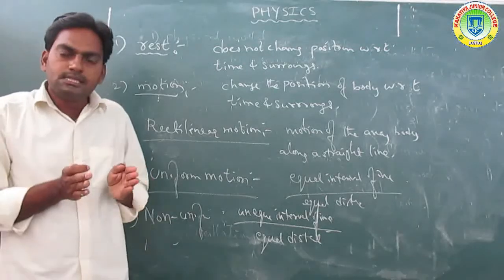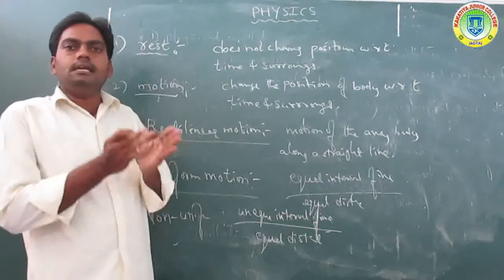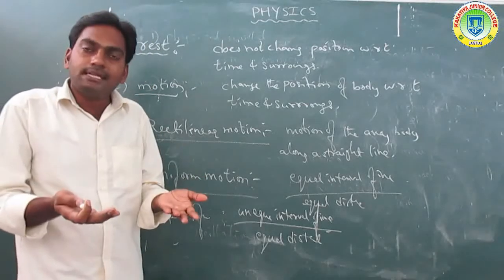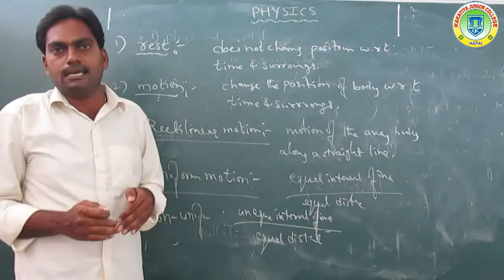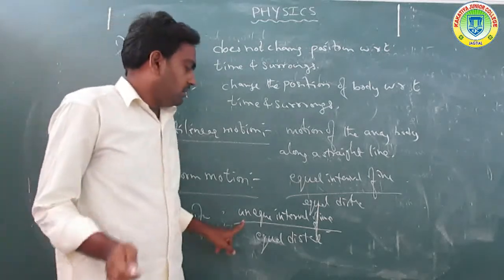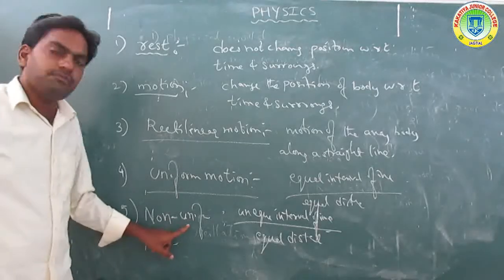So uniform motion is nothing but equal distance in equal intervals of time, and non-uniform motion is unequal intervals of time for equal distance.